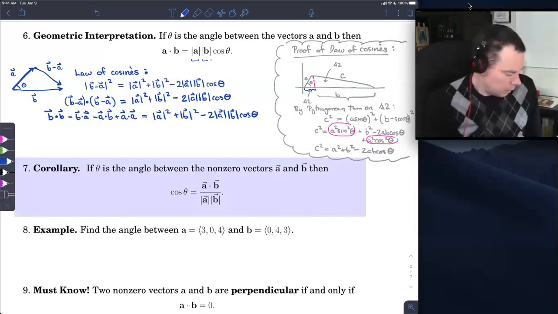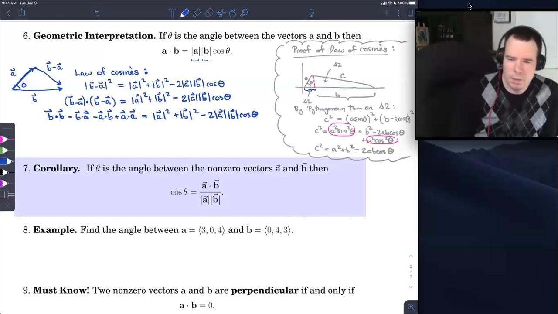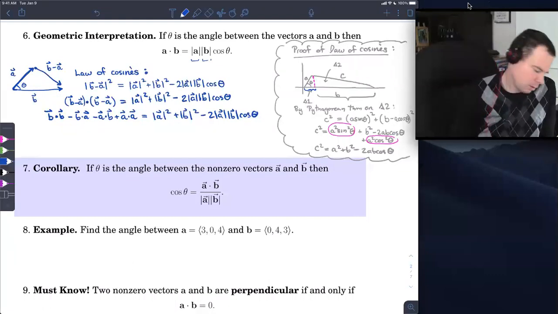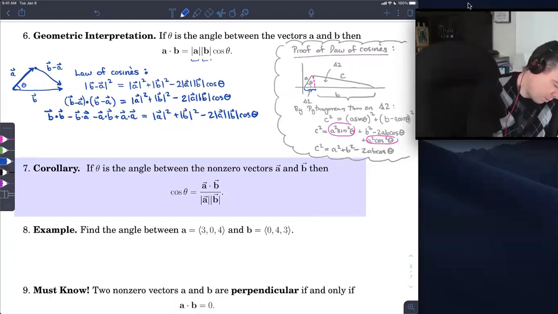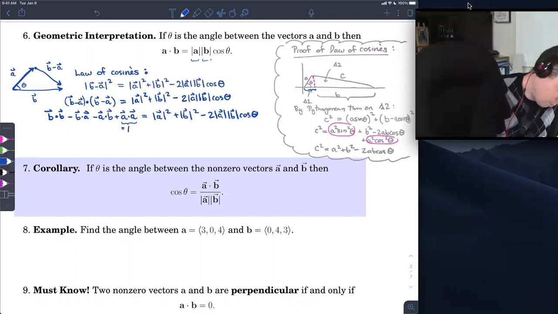Okay, so we've done this distribution of these differences in the dot product. Now at this point, we want to see, do we get some cancellations? Yeah, we do, because as we saw, the connection between the dot product and the magnitude is that this is equal to the magnitude of a squared, and this is equal to the magnitude of b squared.